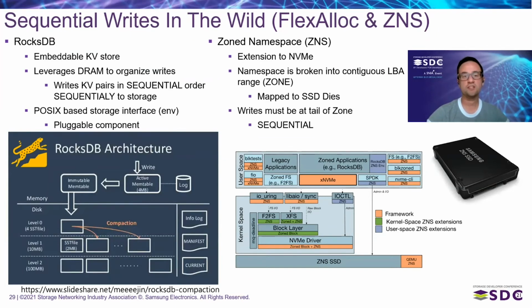It organizes these KV pairs sequentially, and then eventually transforms them to an immutable copy in memory. And then it writes this data sequentially out to the disk. These KV pairs are organized sequentially, so it writes them out sequentially, and also rewrites them all sequentially to storage.